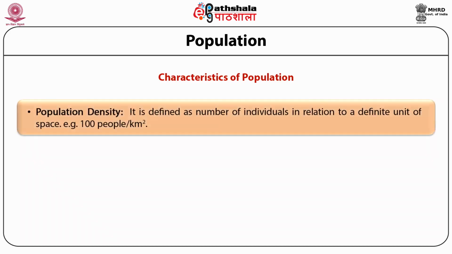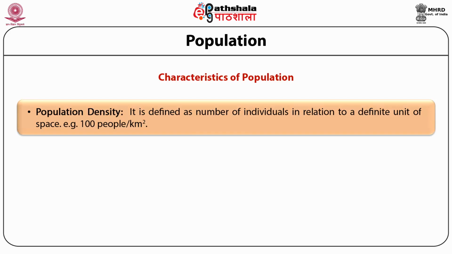First, population density. It is the number of individuals in relation to a definite unit of space. It is generally expressed as number of individuals or biomass per unit area or volume.